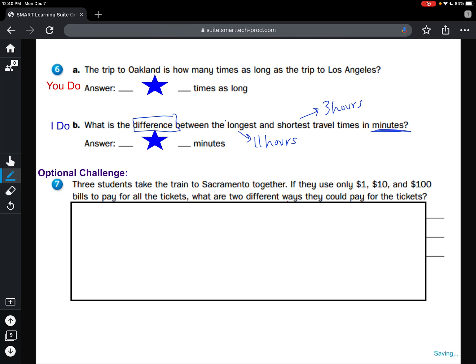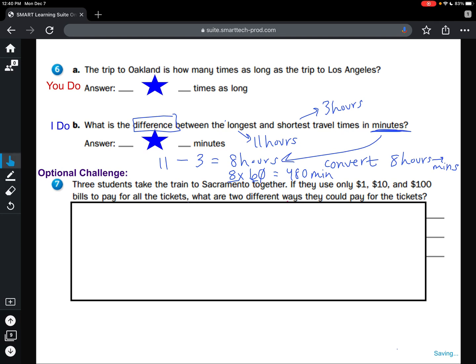It wants to know in minutes. So to find the difference, I'm going to do 11 minus 3, which gives me 8 hours. But my answer needs to be in minutes, so I have to convert 8 hours to minutes. So again, if there's 60 minutes in an hour, you're going to do 8 hours times 60. 8 times 6, 48, and you get 480 minutes.